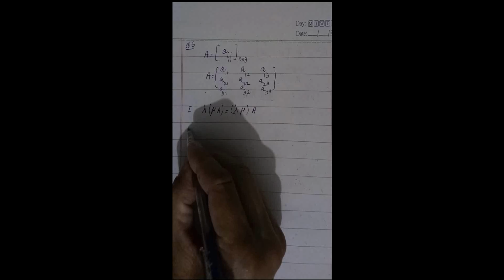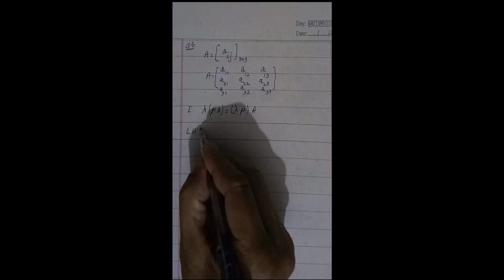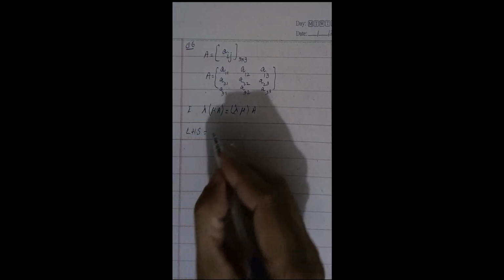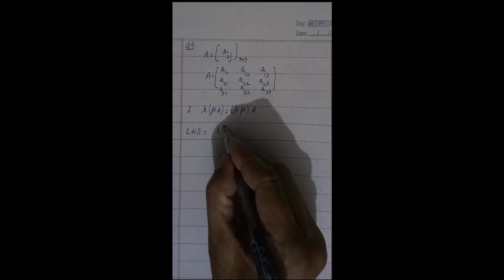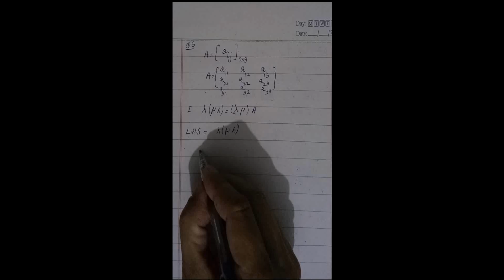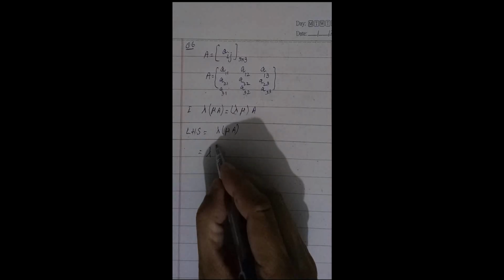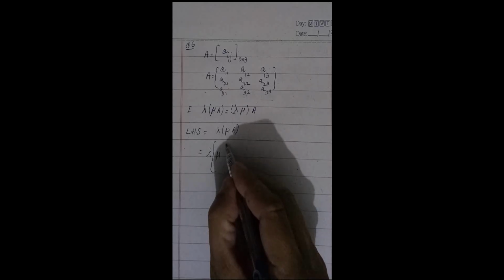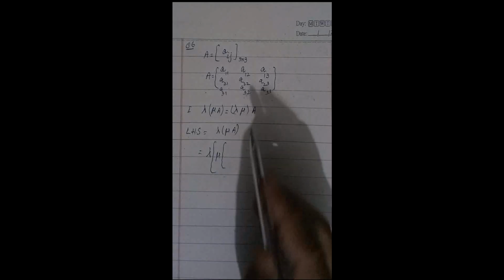Then let left hand side is equal to lambda bracket mu into the A matrix.